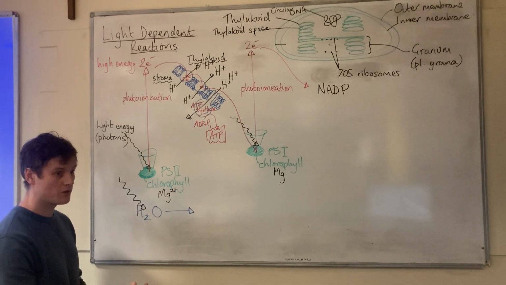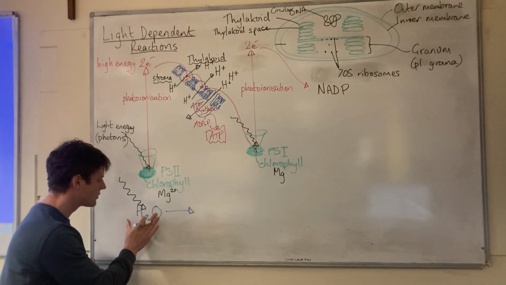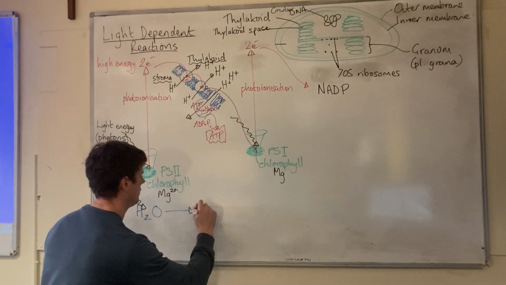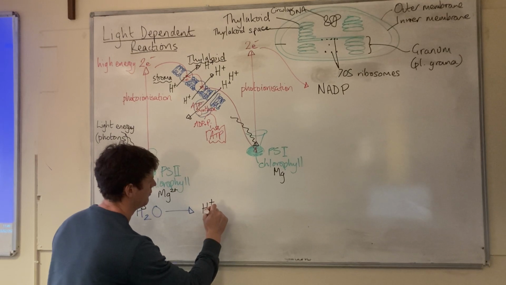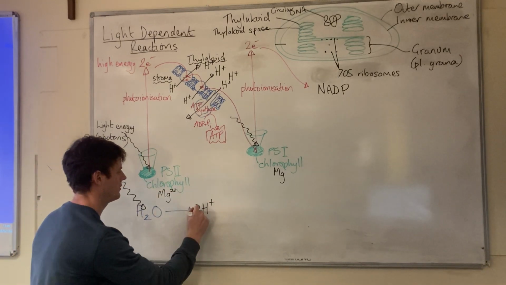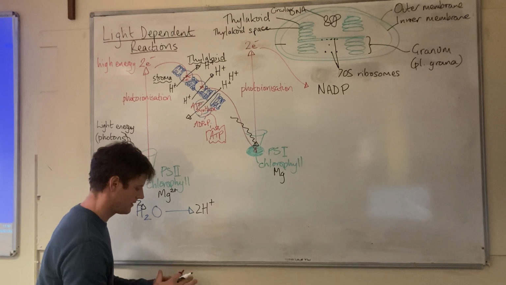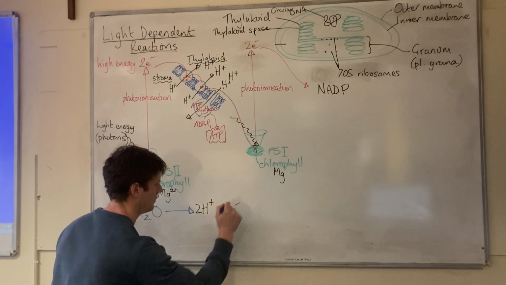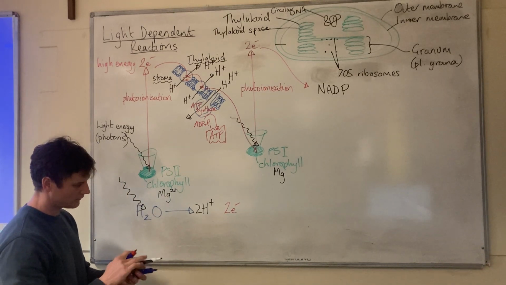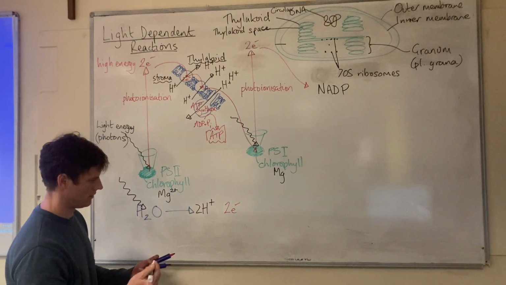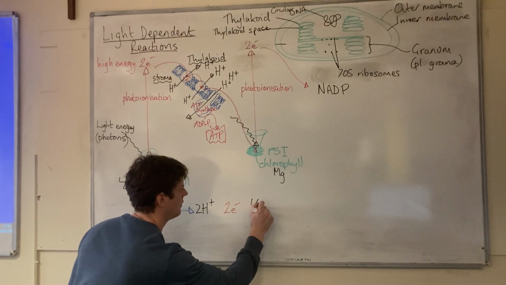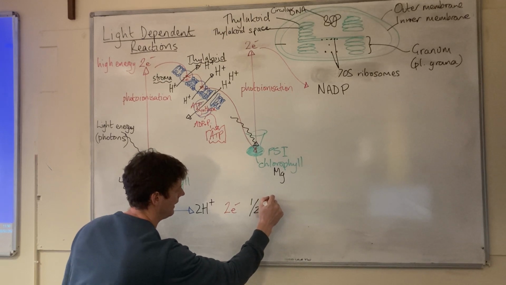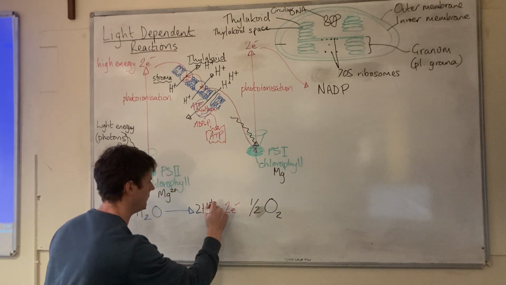Okay, so those photons, the energy from light, is used to split the water into protons. So we've got 2 protons and 2 electrons, and also half a molecule of oxygen.